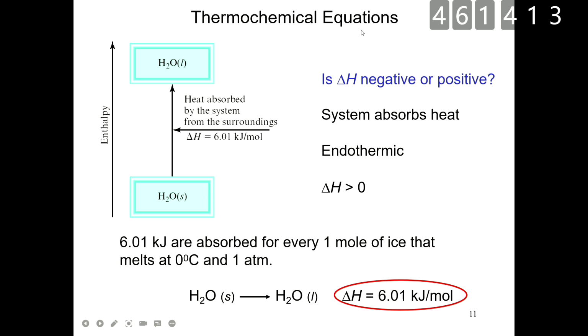Here we introduce the thermochemical equations. A thermochemical equation is a way to describe the energy change after a reaction. For example, for this reaction, solid ice changes to liquid. Here is the enthalpy change of the reaction, and the number is positive.